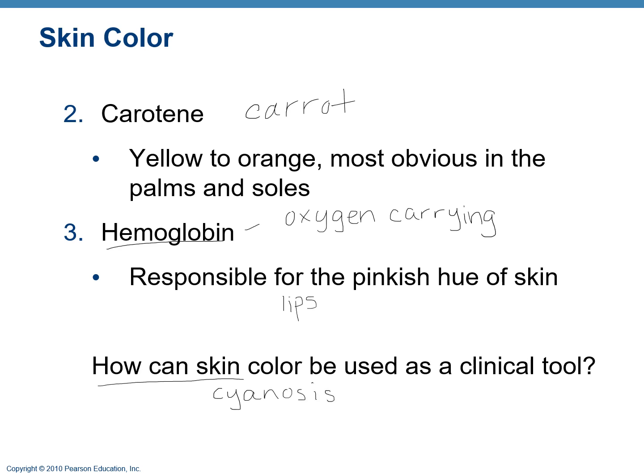Cyanosis would be a bluish tint. That might be due to lack of oxygen. If you have an obstruction within the heart, for example, or a blood vessel such that oxygenated blood is not being delivered where it needs to be, cyanosis or that bluish tint might occur.